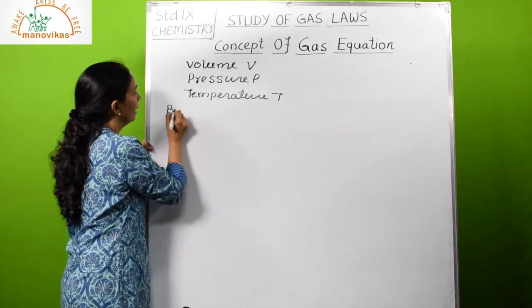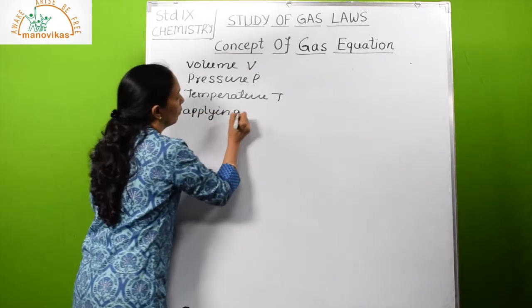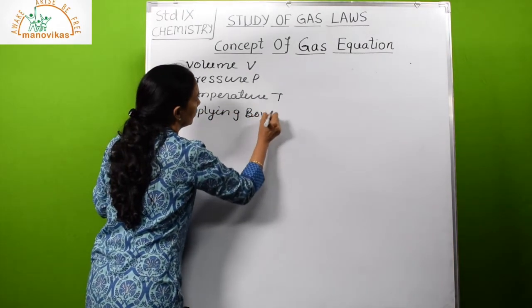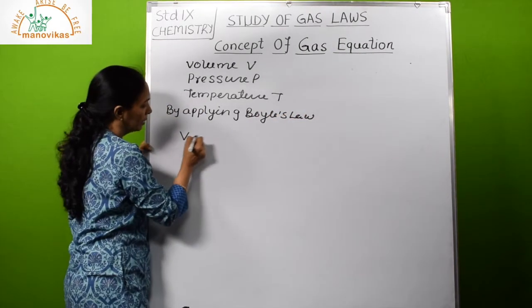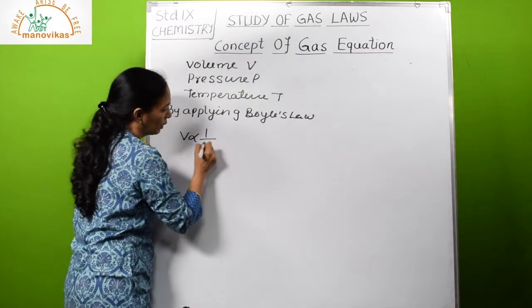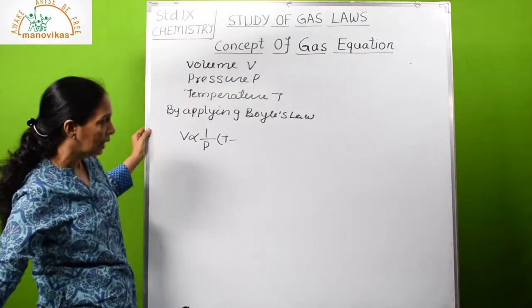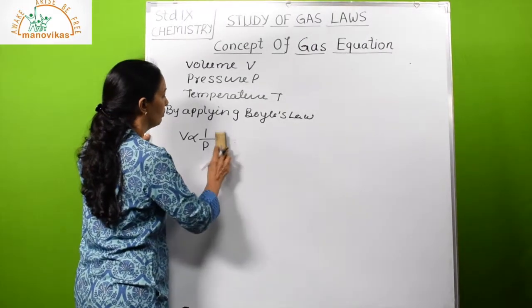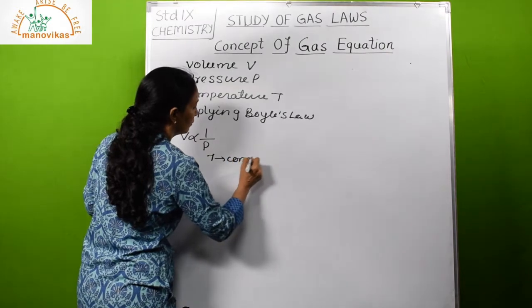So by applying Boyle's law, what happens? Volume is inversely proportional to pressure, temperature is constant. Let us take it as equation 1, temperature remaining constant, where T is constant.